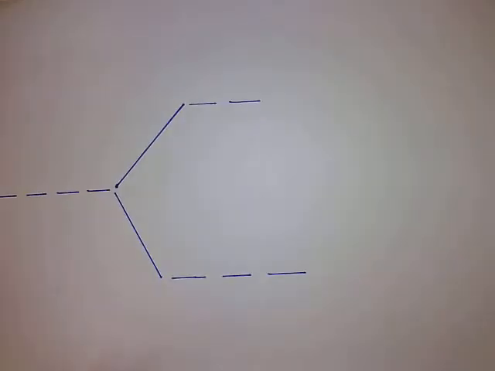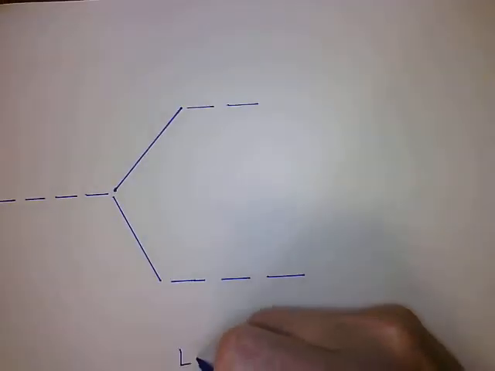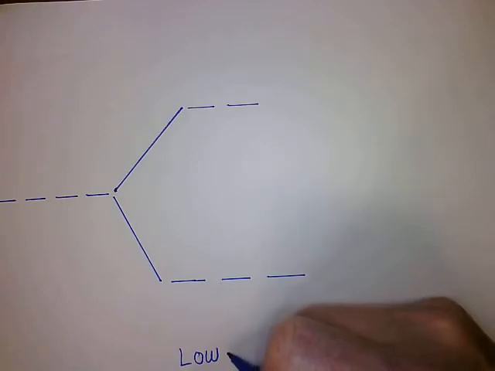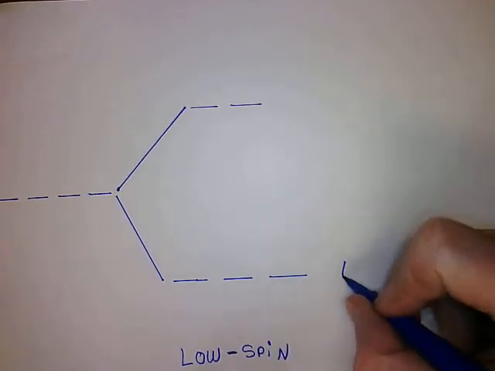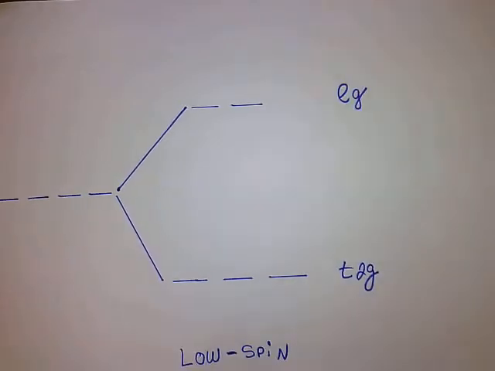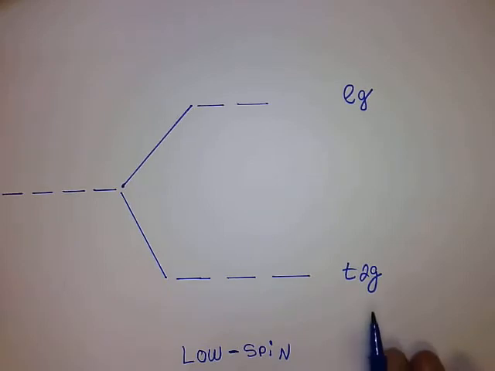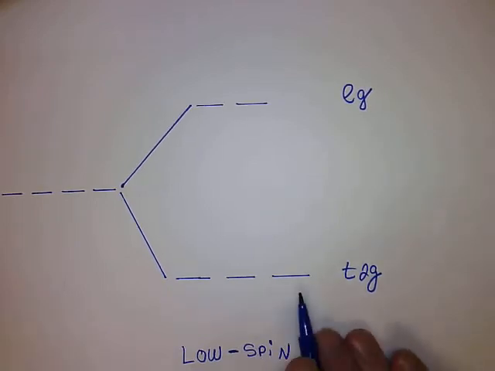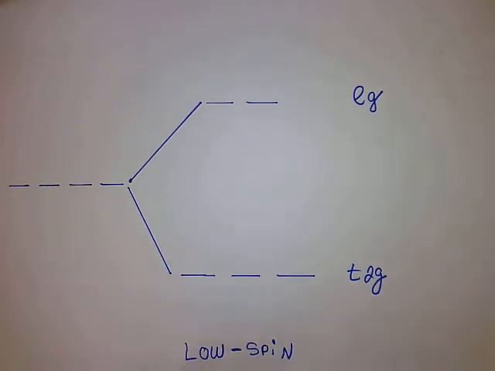Now, if we were going to do low spin, one more time, T2Gs and EGs, we fill all these first. We put the maximum number that we can down here. So we would fill the orbitals this way.